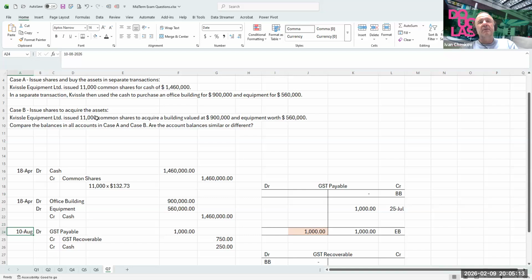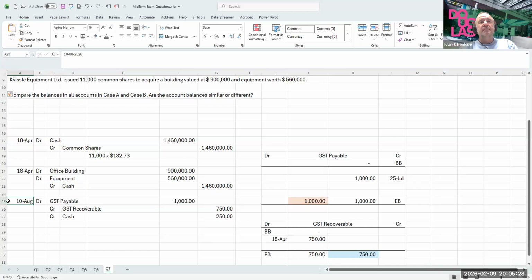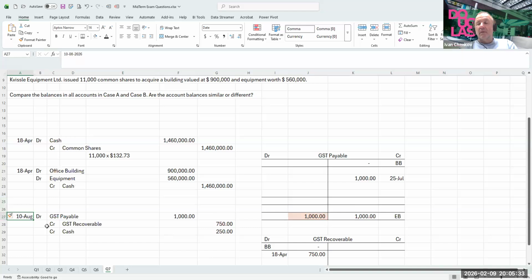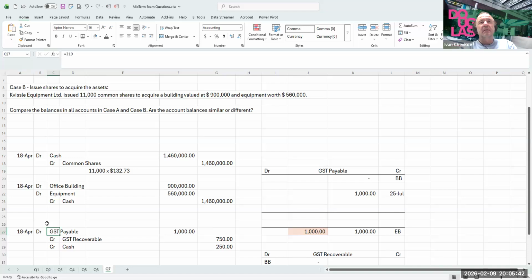In part B, they issue 11,000 shares to acquire a building of 900 and equipment worth 560. So what are we going to do here? On April 18, debit. What are we going to debit now? What does the company get in the second case? They have the office building, right?